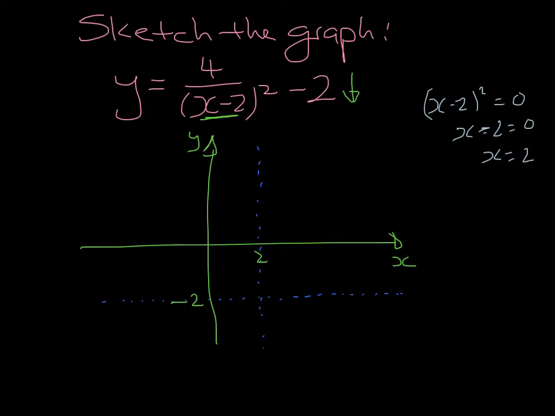Now, for the shape of the graph, what's it got to equal? We could start off by finding a couple of the intercepts. So I'll go back to my little working out colour.